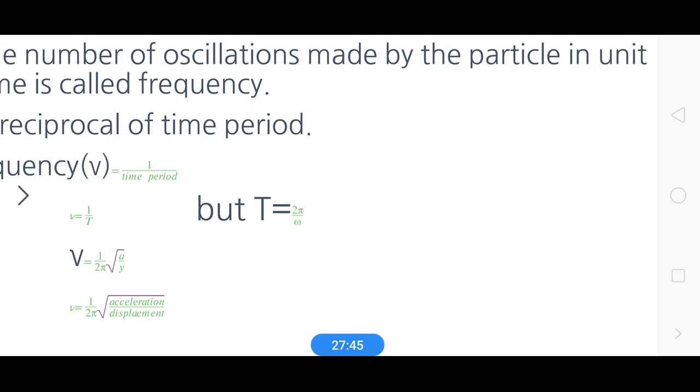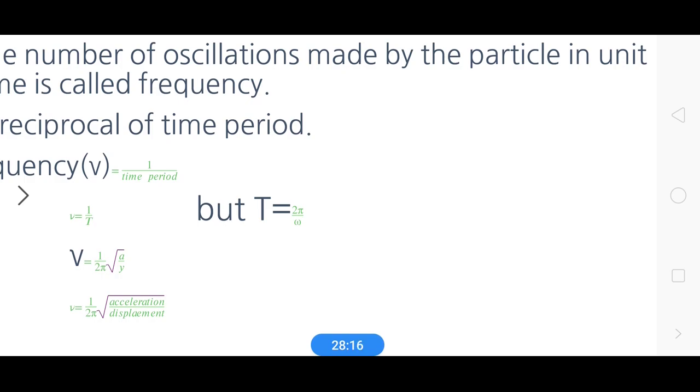So mu is equal to 1 by 2 pi under root of a by y. We know that T is equal to 2 pi by omega, and the reciprocal of the time period is the frequency.